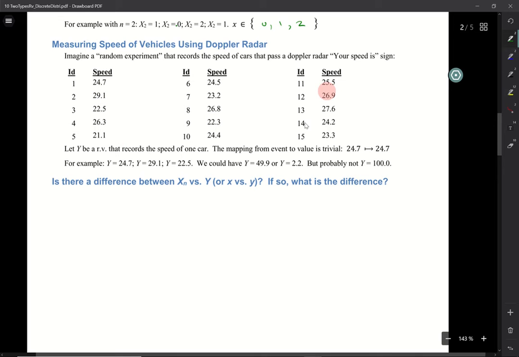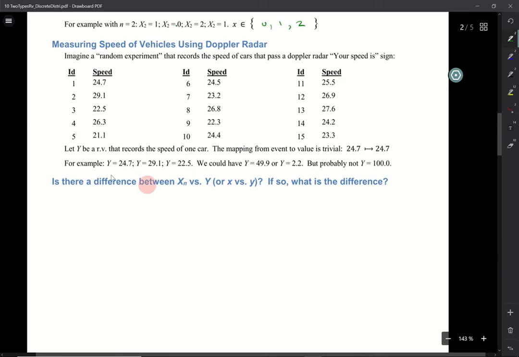And so you could think, hey, every time a car goes by, do we know what speed it's going to show? No, right? Why? Because cars go by at different speeds. So we could say that x is a random variable, right? Because we look at the sign, but any time that a car is going by, we don't know what value it's going to show, right? And so, hey, it's random, right?